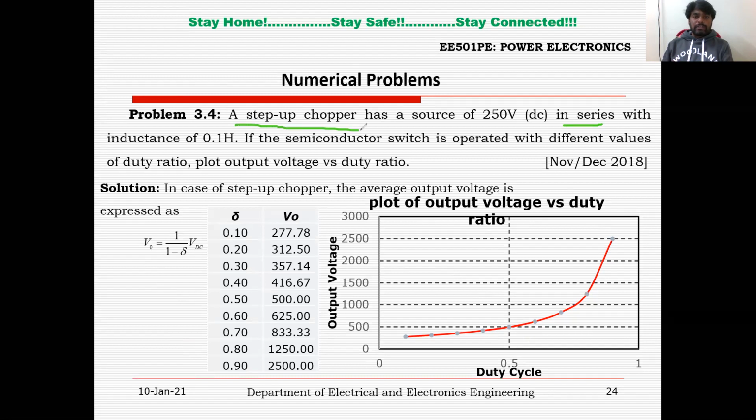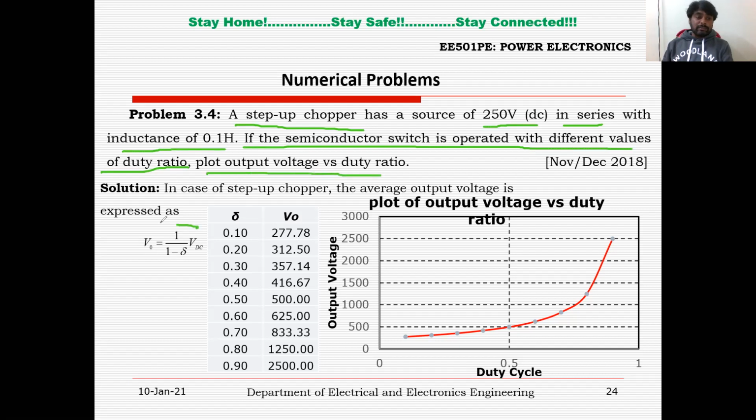This is one more problem you can find. Here it is also a step up chopper, which has a source voltage of 250 volts in series with an inductance of 0.1 Henry. If the semiconductor switch is operated with different values of duty ratio, which means the chopper is operating at different values of duty ratio, we need to plot the output voltage versus the duty ratio, right?